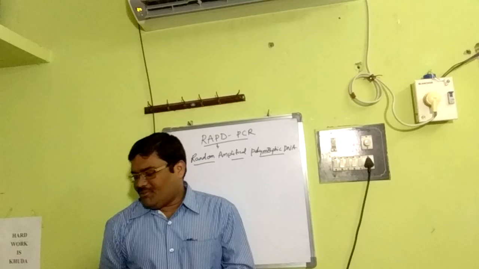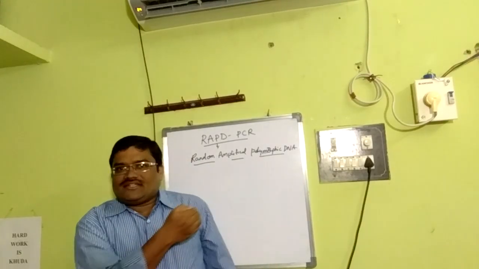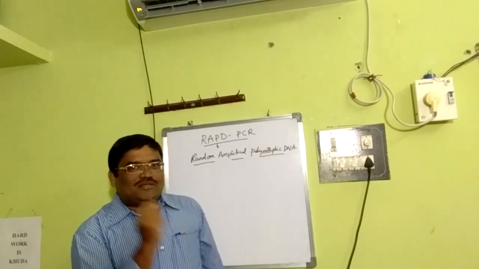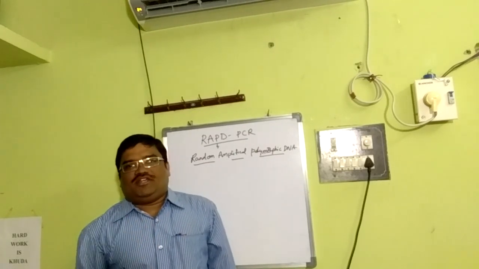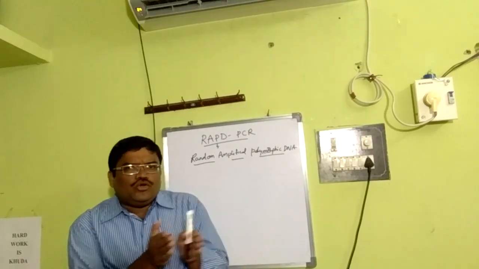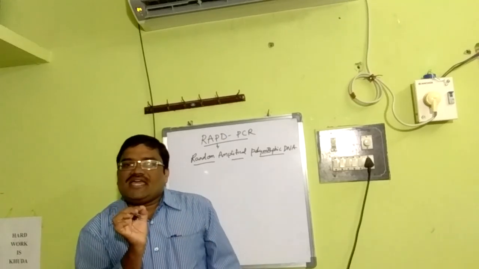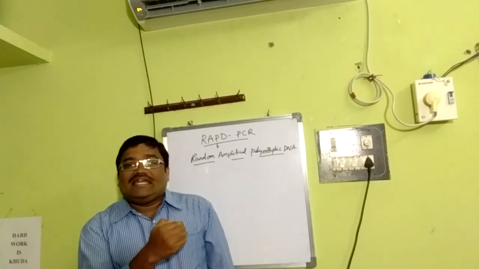Random amplified polymorphic DNA is one of the variants of PCR. In yesterday's class we discussed AFLP, amplified fragment length polymorphism, and today RAPD. No two individuals, say Homo sapiens, have the same genomic DNA profile, what we call a DNA fingerprint.